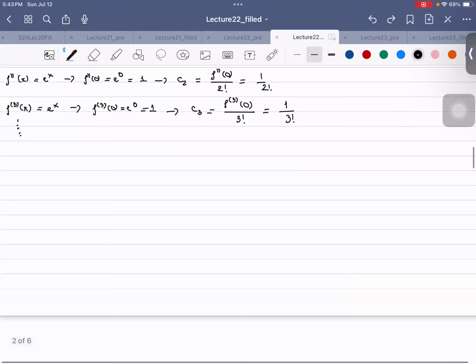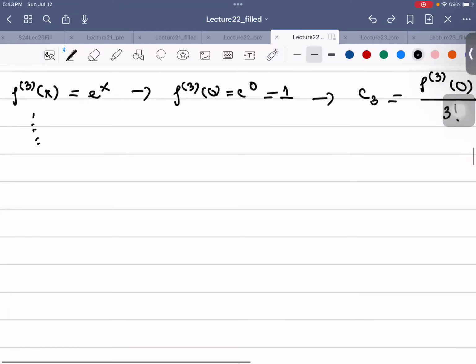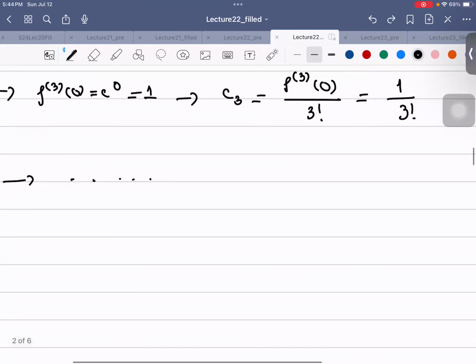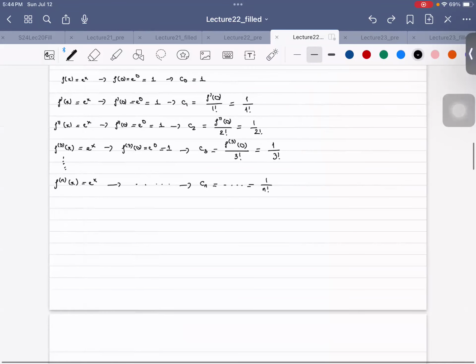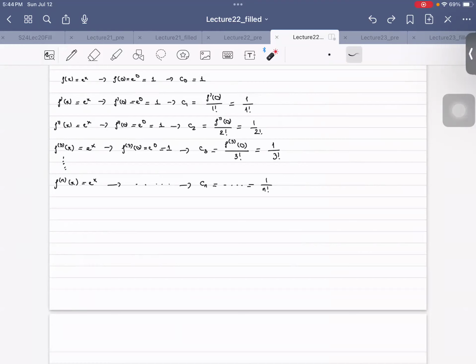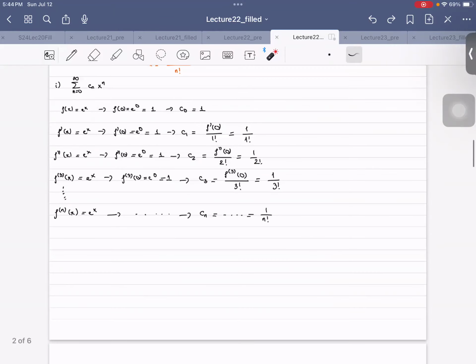So if you keep repeating the process, for instance, for the nth order derivative, you're going to end up with the same thing, and you're going to have Cn equal to 1 over n factorial, because the pattern keeps continuing. C1, 1 over 1 factorial. C2, 1 over 2 factorial. C3, 1 over 3 factorial. So Cn will be 1 over n factorial.